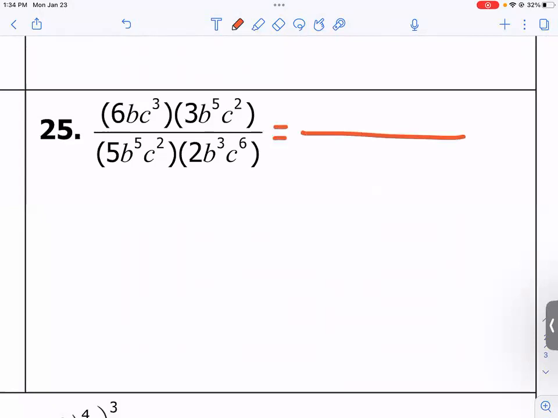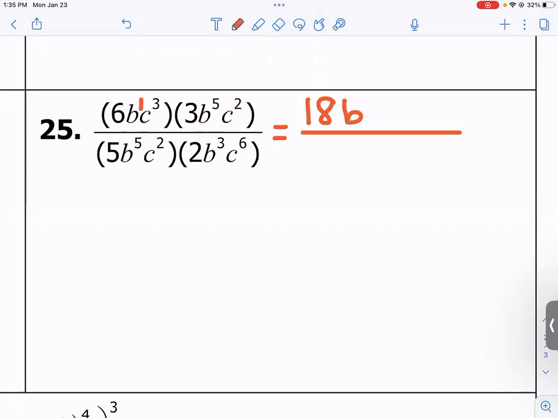So, plan of attack here. Let's rewrite our numerator, let's rewrite our denominator, and then move forward. Sound good? Okay, so Avery, in our numerator, what is 6 times 3? 18. Okay. Reagan, what is b times b to the 5th? Not quite. 6.